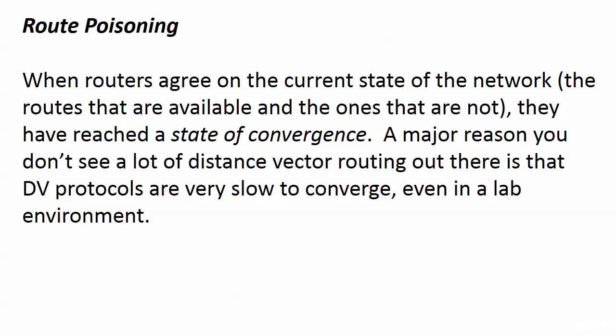We like that. And a major reason that you don't see much distance vector routing out there anymore is that these protocols are painfully slow to converge. You can hear it in my voice. It hurts to even talk about. Seriously, they're really slow.